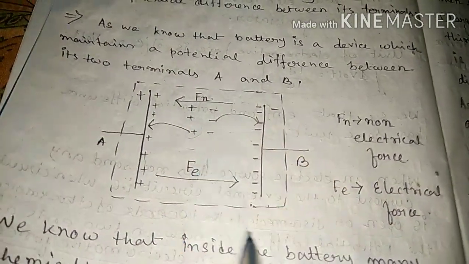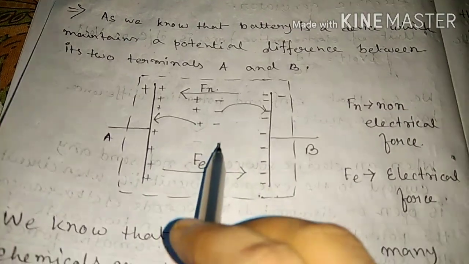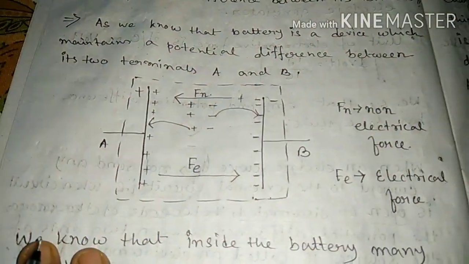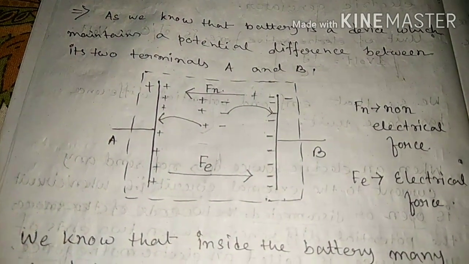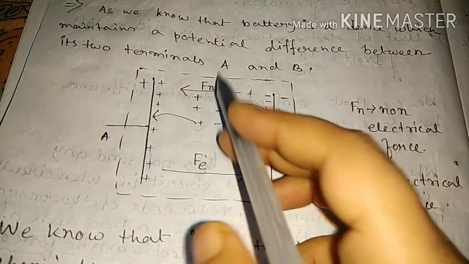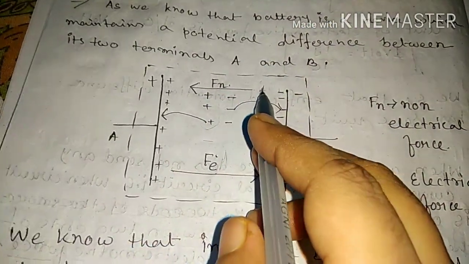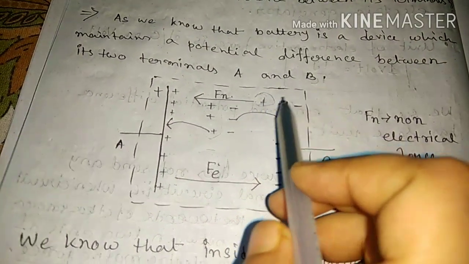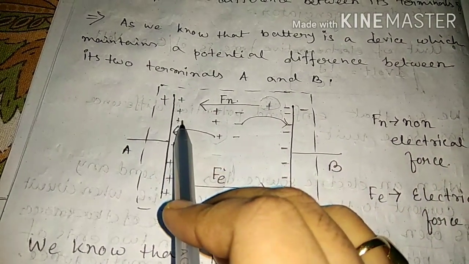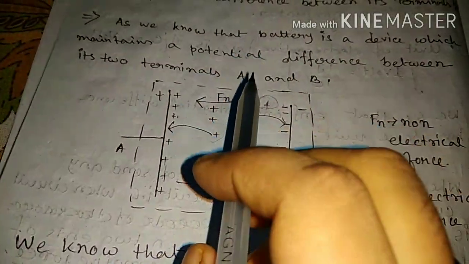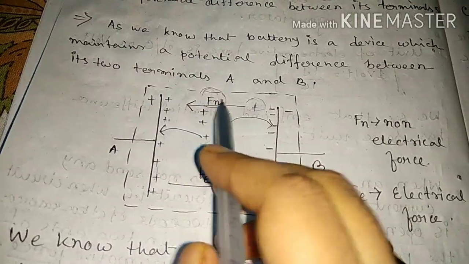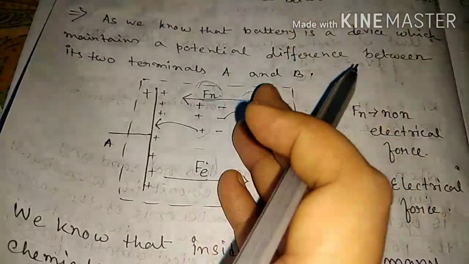Okay. So in this condition, suppose another positive charge is also present inside the battery due to the chemical reaction. After Fe equals Fn is reached, if we want to bring that positive charge from the negative terminal to the positive terminal, work has to be done by this non-electrical force, because due to that the accumulation process started.